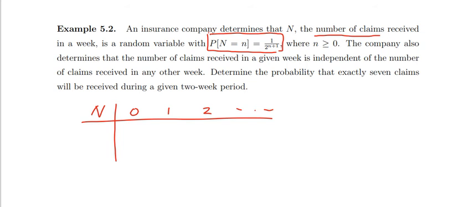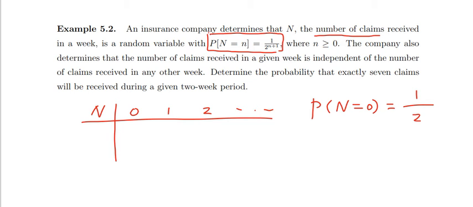Okay, so we know there's a probability for N equals 0, for example, no claim, which equals 1 over 2 times 1, right? Just put N equals 0, and so we have all those probabilities.